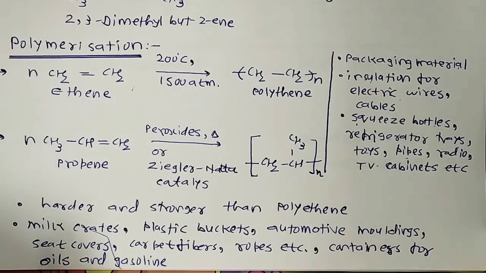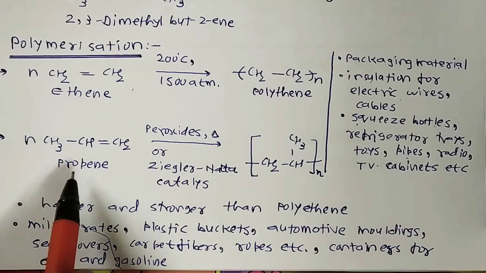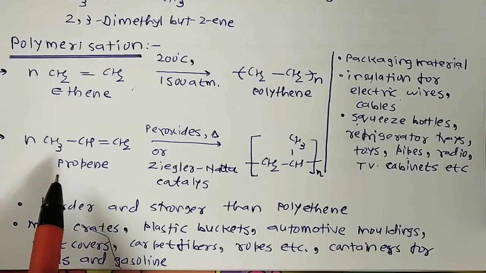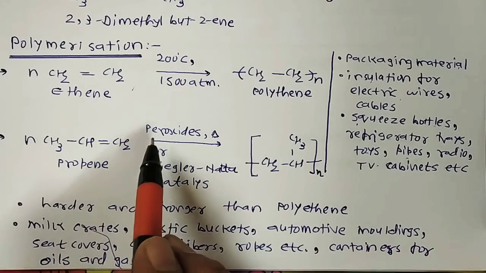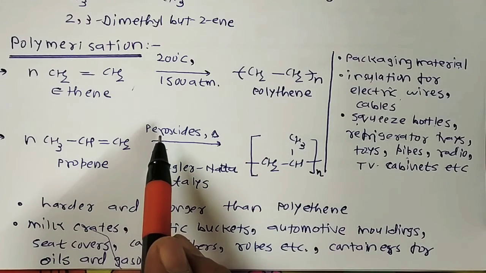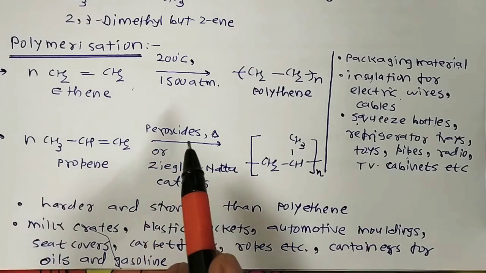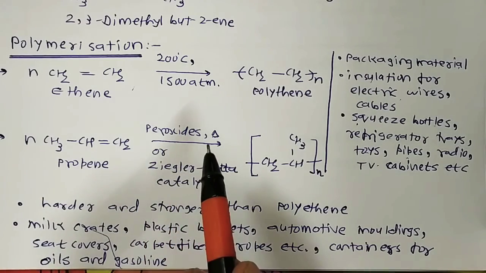In the same way, polypropylene is prepared by heating propene in the presence of peroxide, because this is a free radical mechanism. Always free radical, which can be done with the help of heat, electricity, light, peroxide, radical, right?